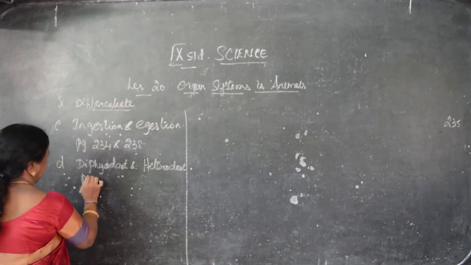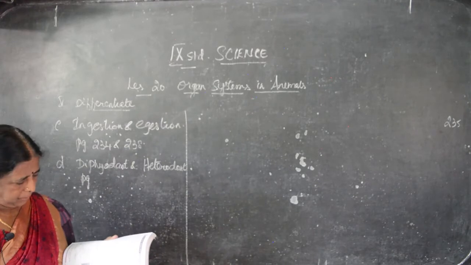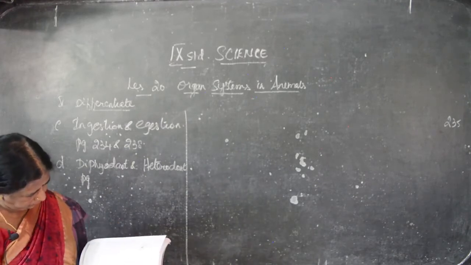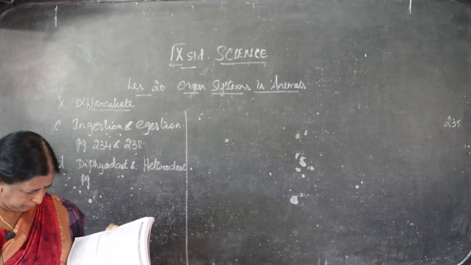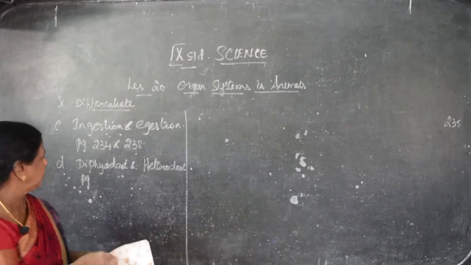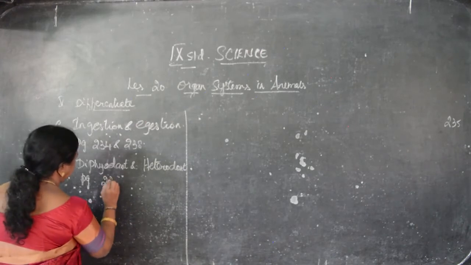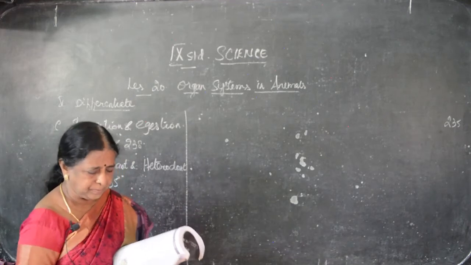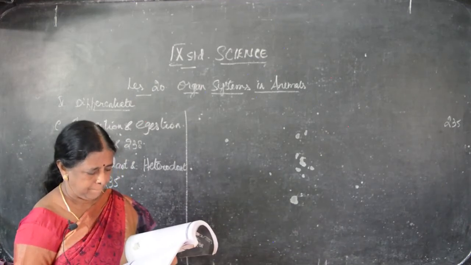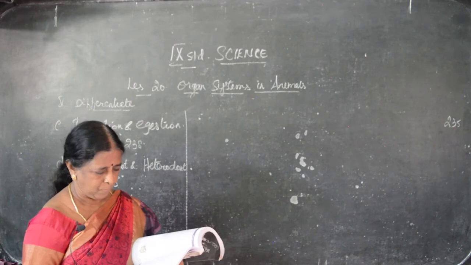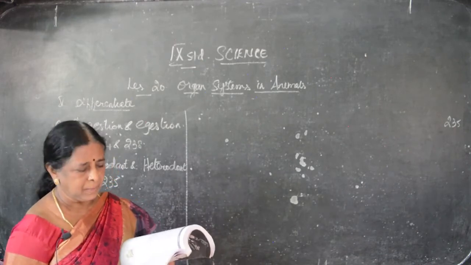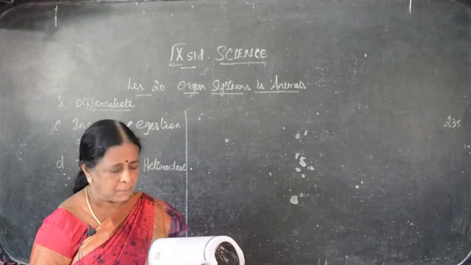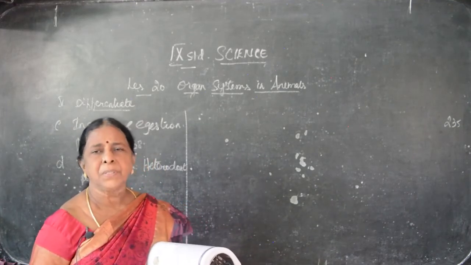Answer in page number 235. Take page number 235. Ready? Under the heading structure of alimentary canal, third paragraph, teeth. Did you find out?